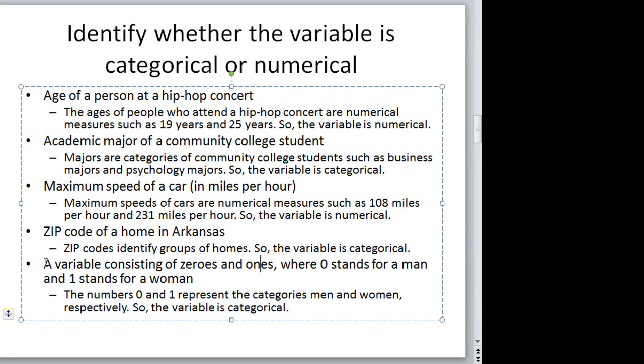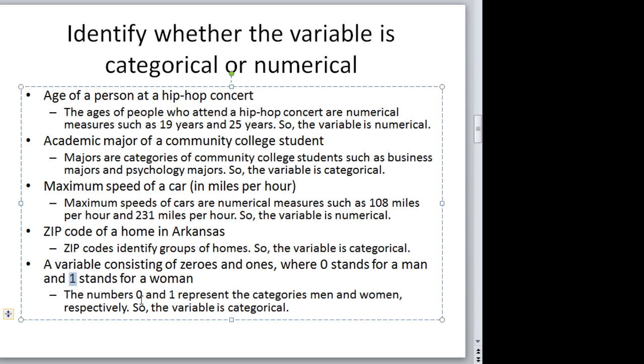Now, what about this? A variable consists of zeros and ones, where zero stands for man and one stands for woman. This is another example similar to the zip code example. Is that really representing a number? No, it's a number that represents whether it's male or female, man or woman. So that zero and that one don't really have a numeric value.